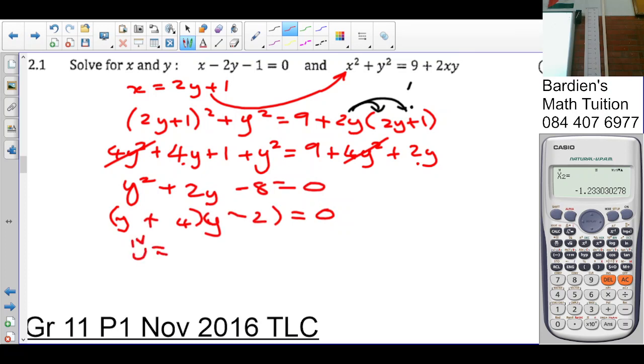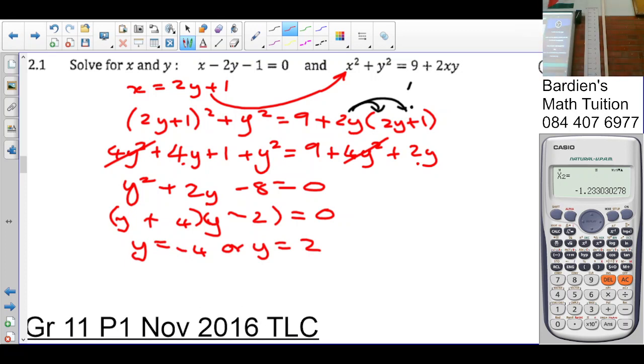So y is equal to negative 4 or y is equal to 2. You all agree with that?